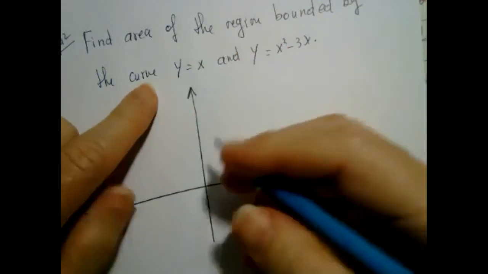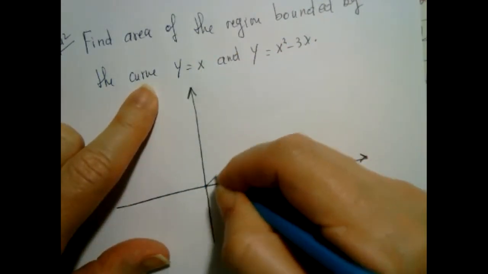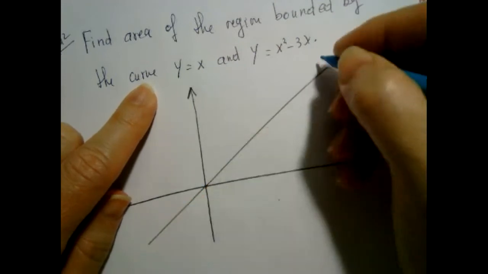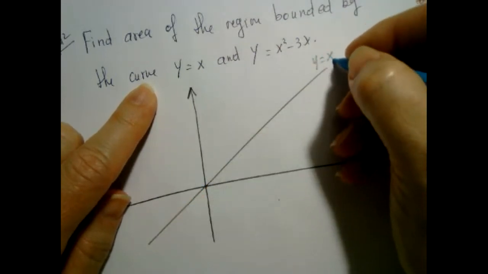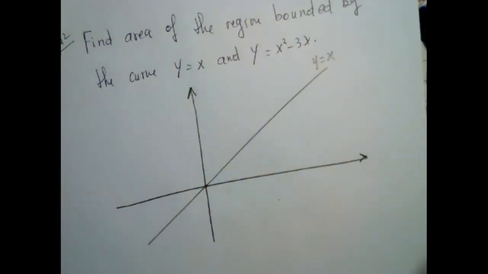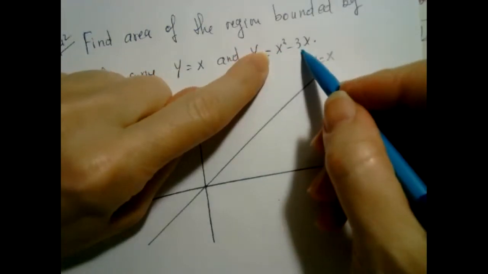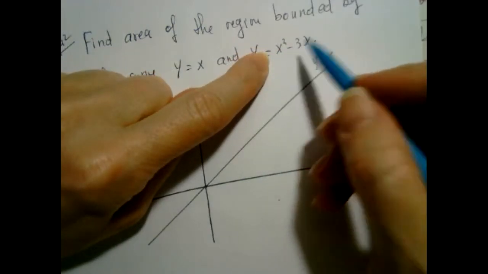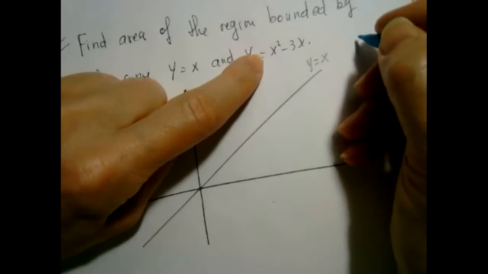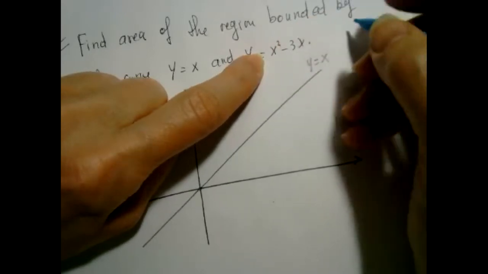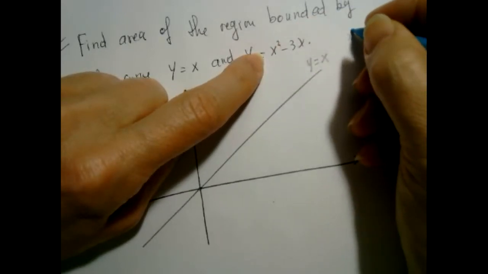All right, what's the region? y equals x is just a straight line. We should know it. And I don't know if it's the top or bottom yet. I will label it the minute I know what it is. x squared minus 3x, that's a parabola going up. Sometimes an easy way for me to draw a parabola, especially in problems that are not hard, is to find its zeros.